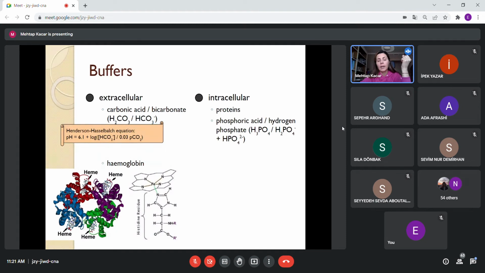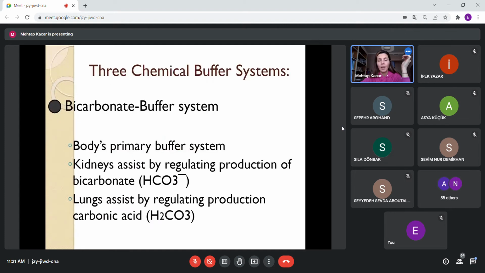In extracellular fluid, such as plasma and interstitial space, the carbonic acid bicarbonate system and hemoglobin are the main buffer systems. In the intracellular area, proteins, phosphoric acid, and hydrogen phosphate are the buffer systems.